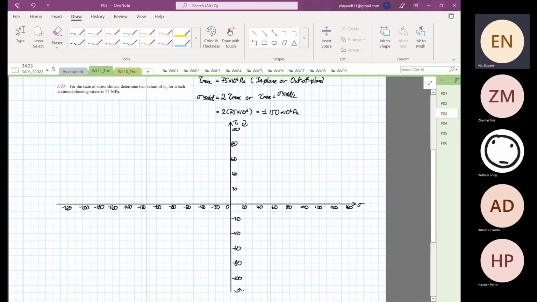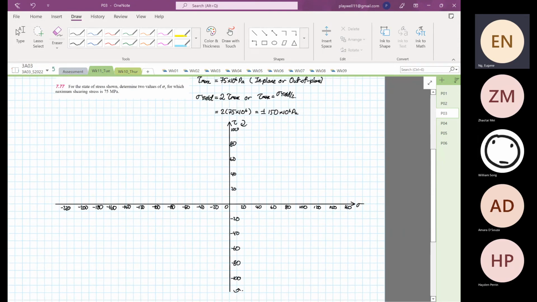So let's draw the boundaries that the circle cannot exceed. We know that the maximum compression or the maximum normal stresses are at plus or minus 150, and the shear is at 75. Let's draw that box.